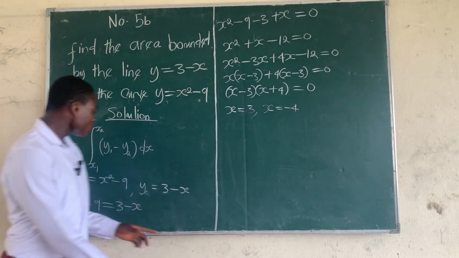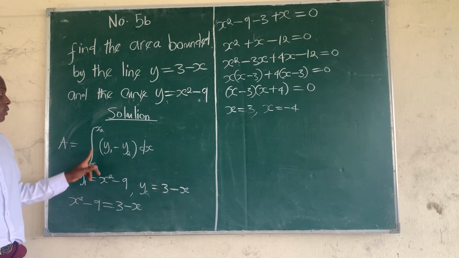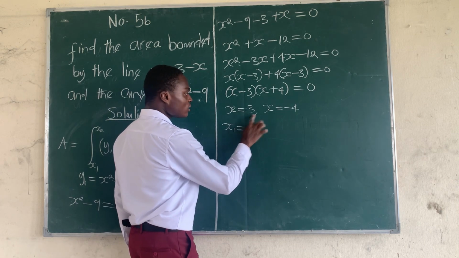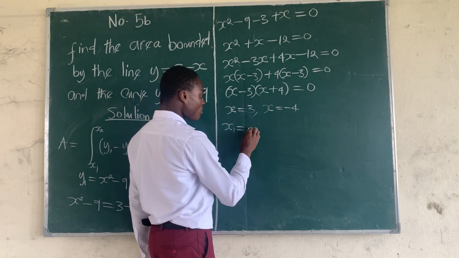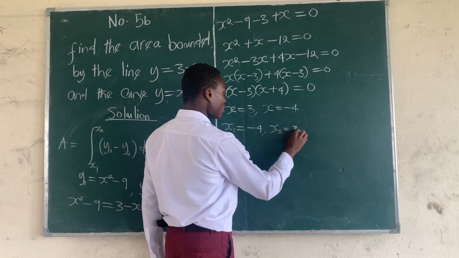Now your question is, which is your x1 and which is your x2? Your x1 is the lowest value and your x2 is the highest value. So our x1 becomes, between 3 and minus 4, the smallest there is minus 4. So we have minus 4, and our x2 becomes 3.